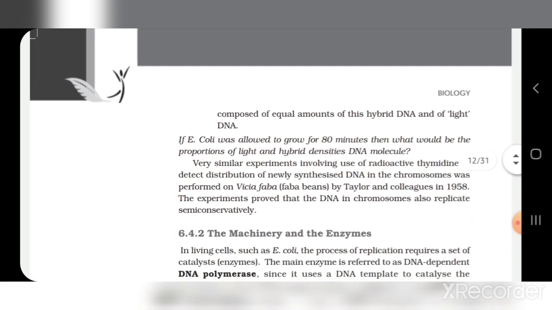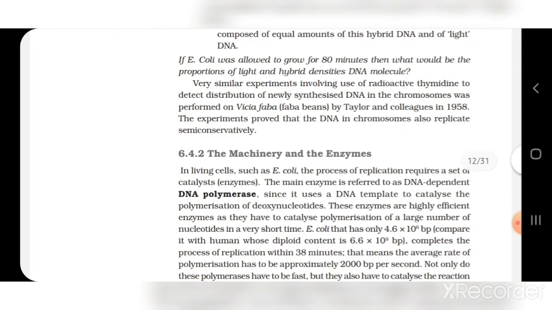Now, what is the basic difference between DNA replication in prokaryotes and eukaryotes? In the case of prokaryotes like bacteria, which have a single circular molecule of DNA, their DNA molecule is much smaller in comparison to the single chromosome of a eukaryote, and there is no beginning or end, and there is only one origin of replication.